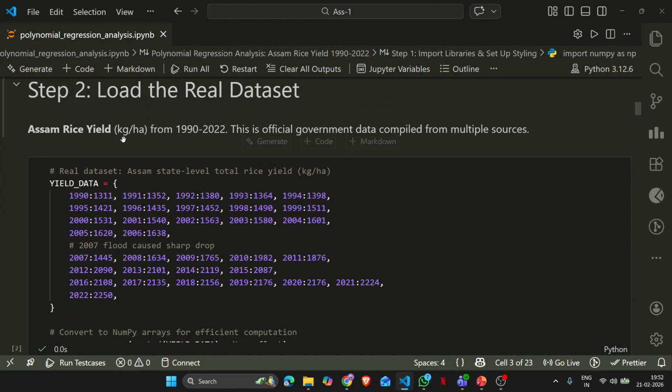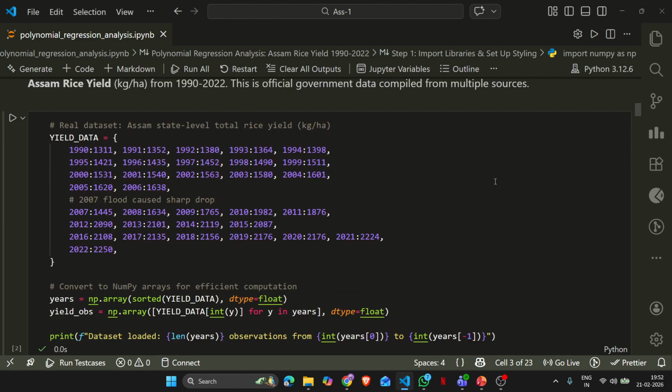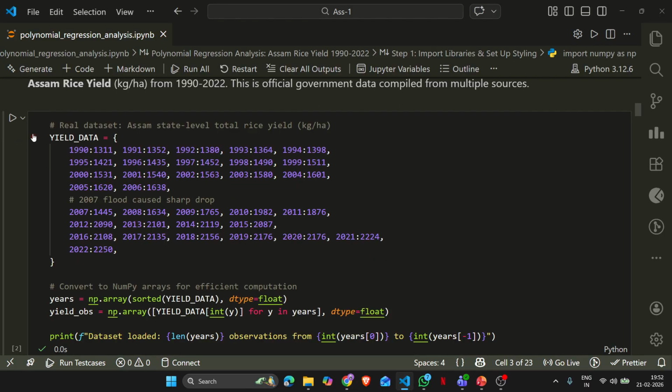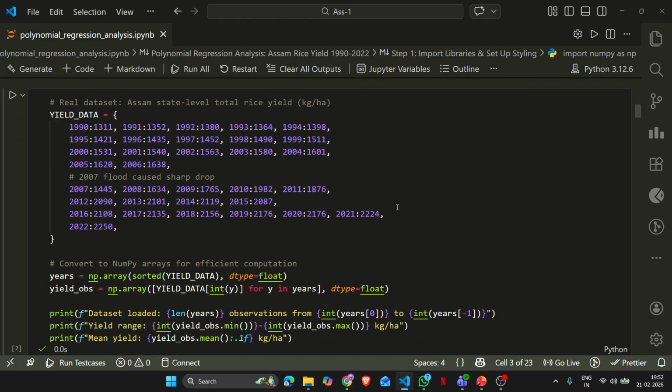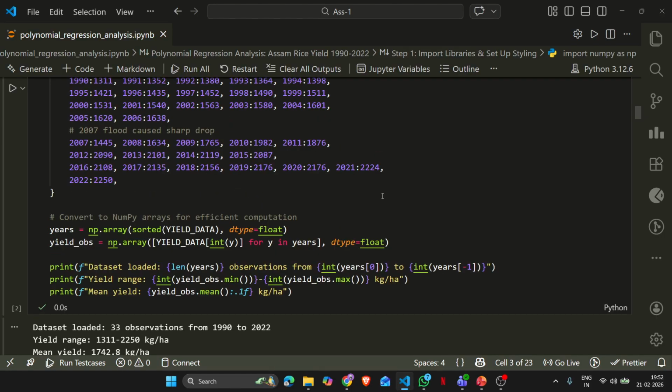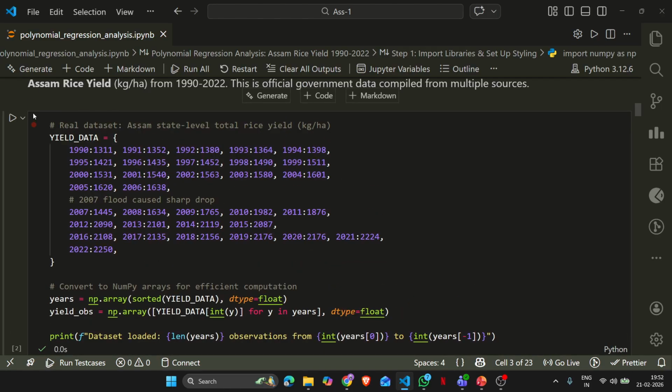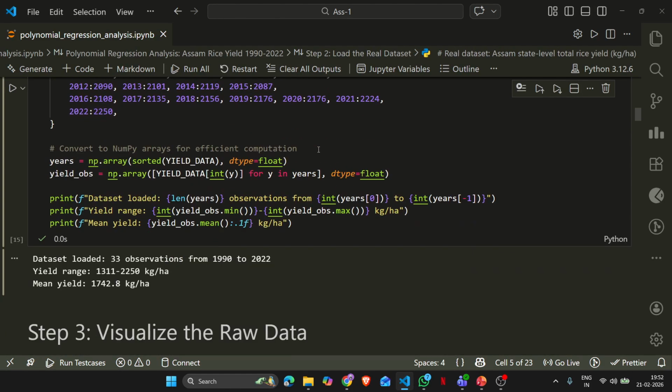Next, this is the real data set from the official government websites. This data was present in the form of a PDF, so I have hard coded it in a dictionary called yield data, and then I have converted this dictionary into NumPy arrays. So let me run that.